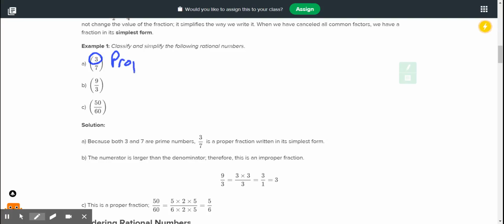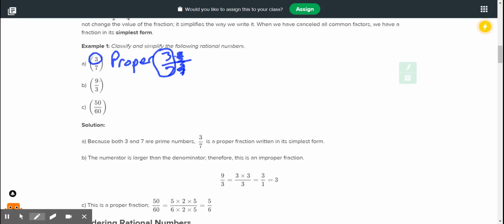I know that it's going to be less than 1 whole. Now the number 3, the only way to make that would be 3 times 1. The number 7, the only way to make that is 7 times 1. We can cross off our 1s. So 3/7 is the simplest way I can write that fraction.